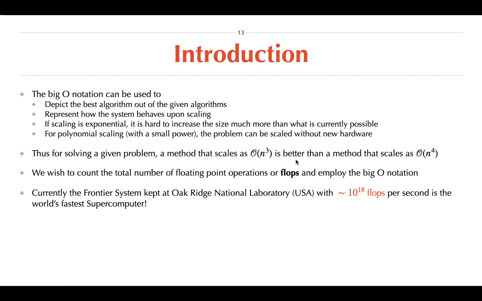But if you contrast it with the world's fastest supercomputer, that has 10 power 18 flops per second, but then it comes with a price. When I talk about this supercomputer, it consumes about 22,000 watts. So it means that for every hour you run this system, you will use 22,000 units. So this comes with a price. Computing definitely comes with a price.